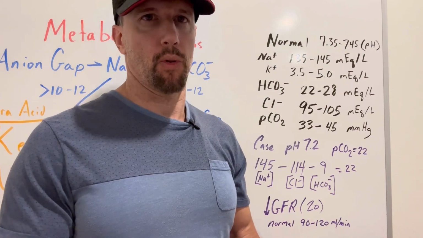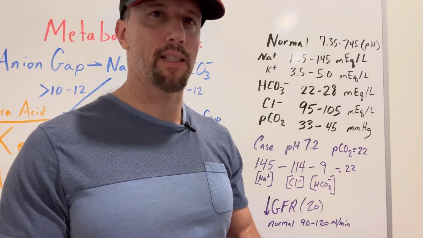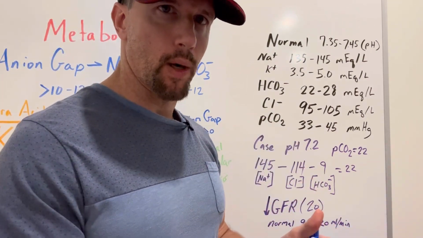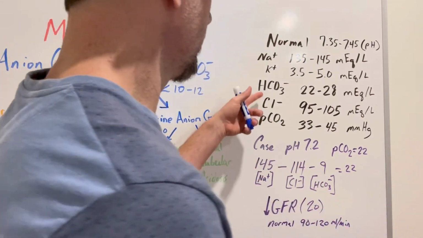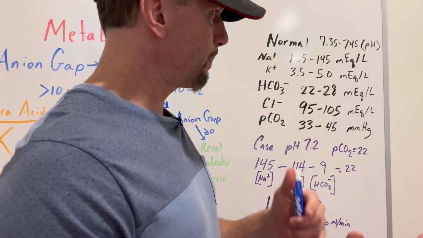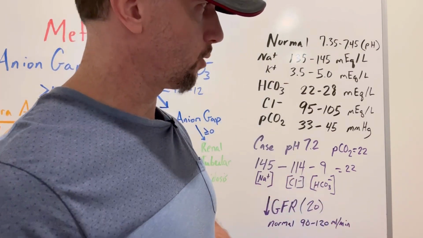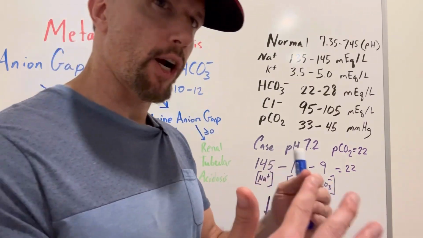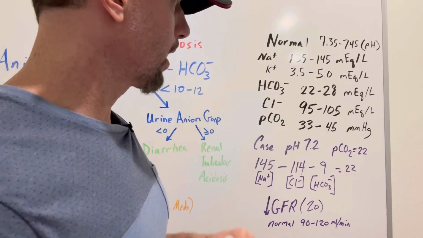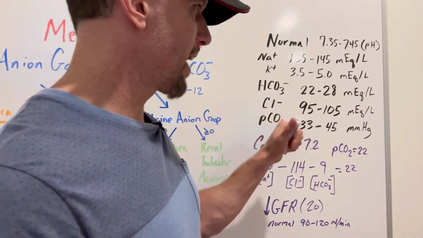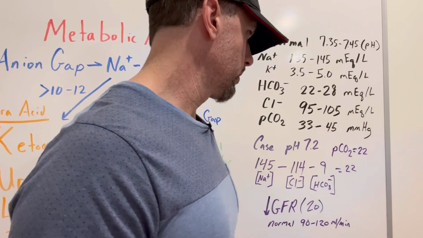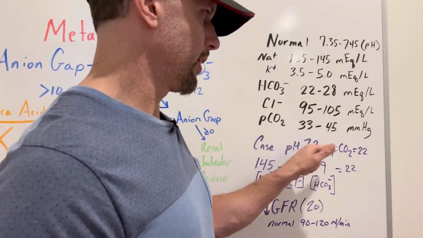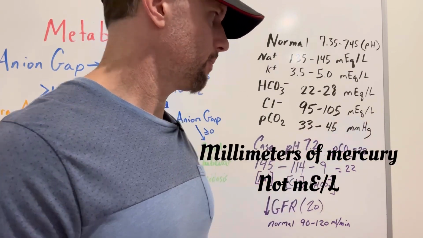It's so negligible. Most of our potassium is intracellular, so they don't even fool with throwing that in the equation, thank goodness. Bicarbonate typically is between 22 and 28 milliequivalents per liter. Some sources say 22 to 26, but in that range. Chloride should be 95 to 105 milliequivalents per liter. Partial pressure of carbon dioxide should be 33 to 45 millimeters of mercury.